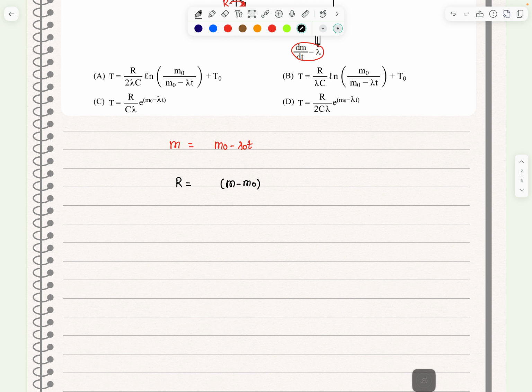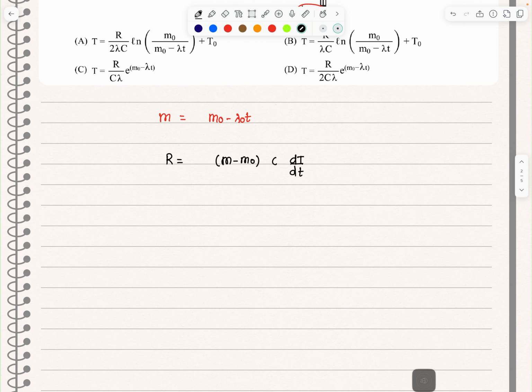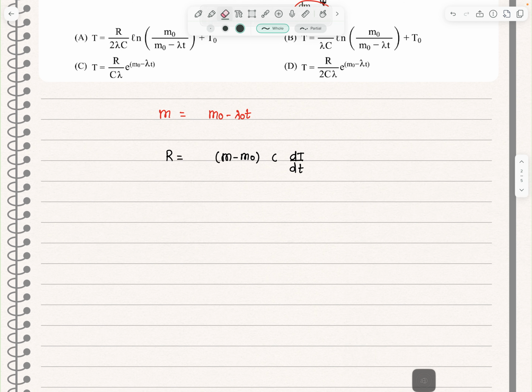We can write m s dT by dt, sorry, m0 minus lambda t. This should be m0 minus lambda t, my mistake. Not lambda naught, it is lambda. So this equation we can write.